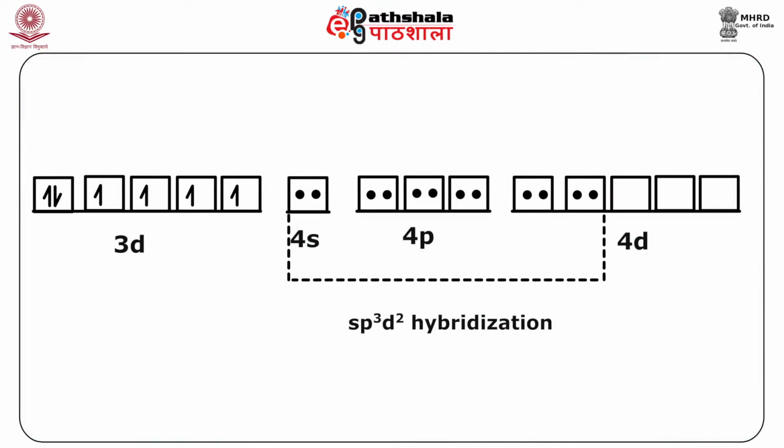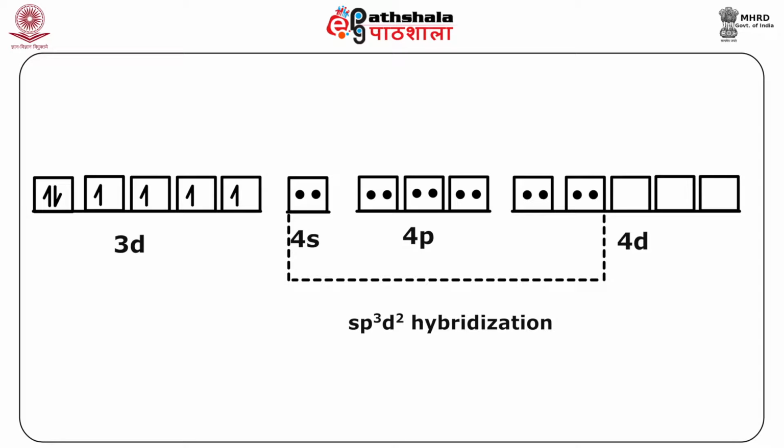So after the approach of 6 water molecules, iron(II) hybridizes 6 of its lowest energy orbitals possible, and those 6 orbitals are one 4s orbital, three 4p orbitals and two 4d orbitals.